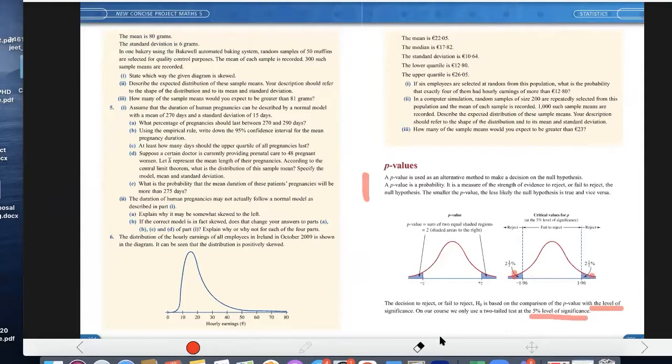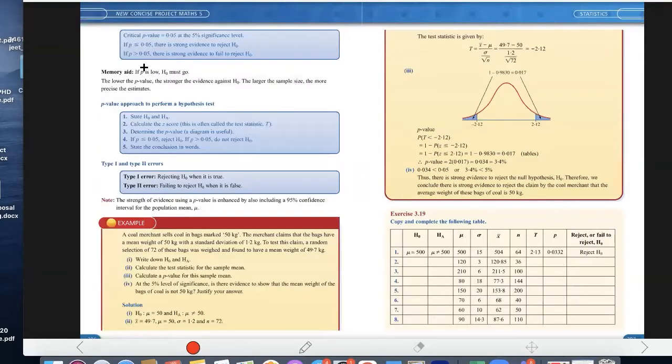It depends on the context of the question whether 95 or 5 makes sense. So the 5% level of significance is 2.5% here and 2.5% here, or as a decimal, 0.025. You have 2.5% either way. Okay, so now let's try.